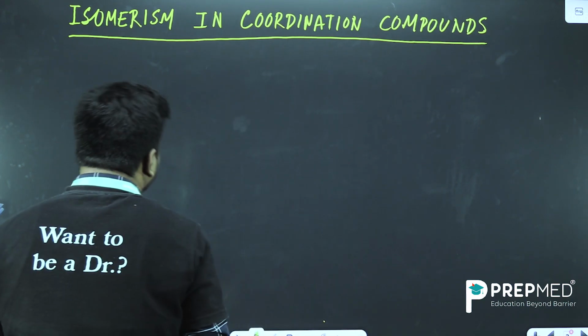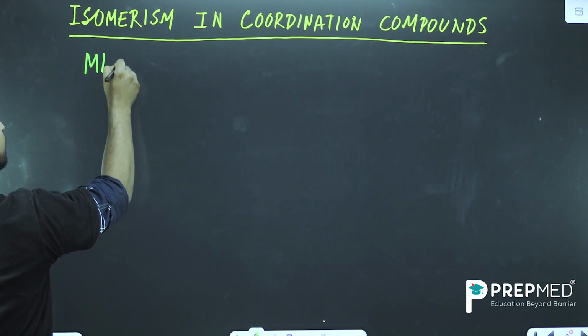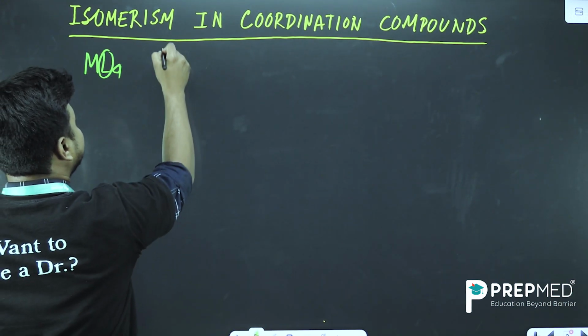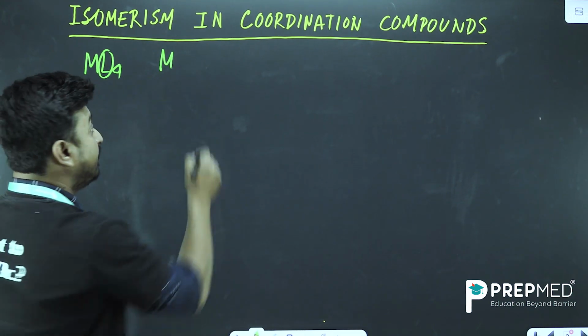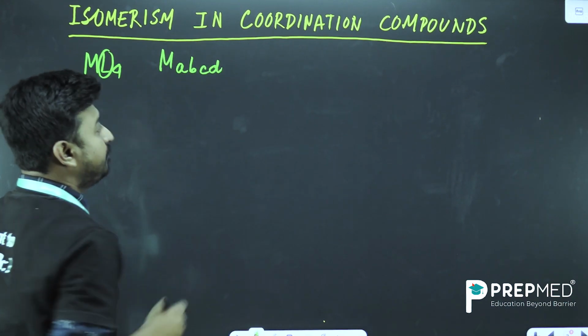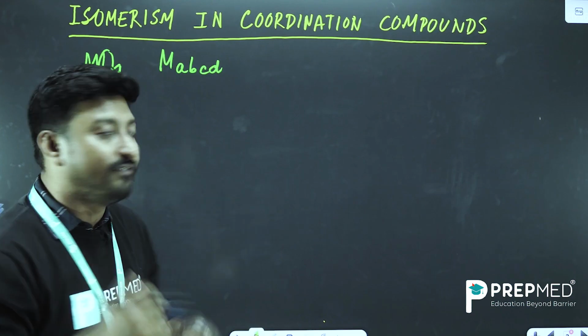Okay. Now see, when I'm saying ML4, that means this ligand has to be different, correct? That means what are the possibilities? The maximum different will be MABCD, where all the ligands are different.